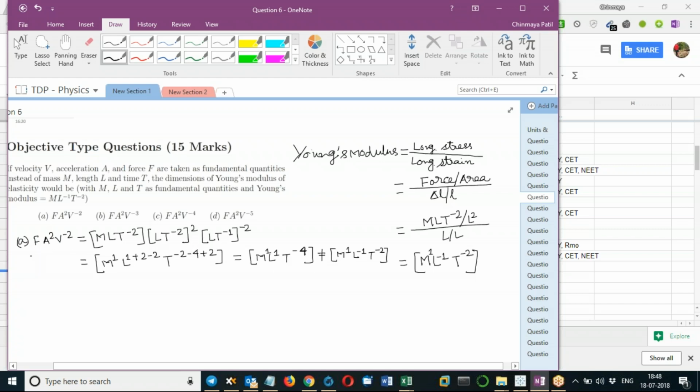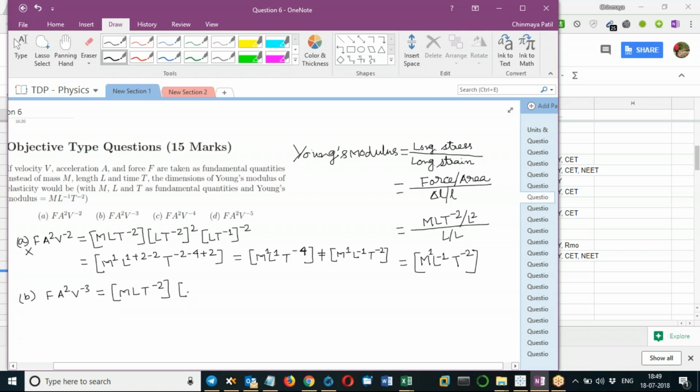So what we see is that option A is not right. Now let's look into option B. Option B is F a square v power minus 3. Let's do it quickly. F we all know is M L T power minus 2.